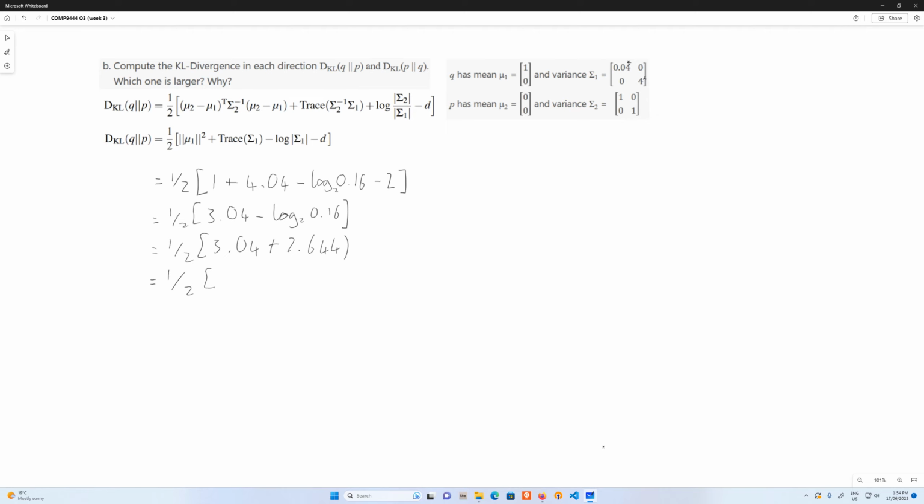So we've got 1/2 of 5.684. So finally, for the KL divergence from Q to P, we get 5.684 divided by 2, which is 2.842. Cool.